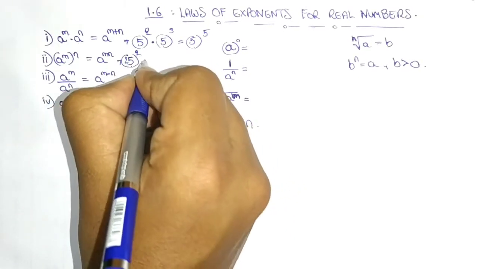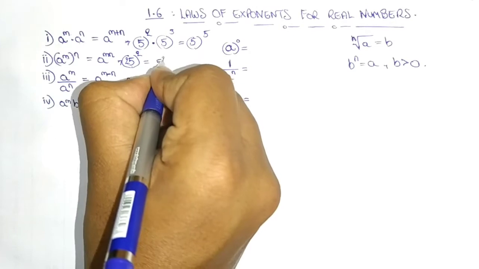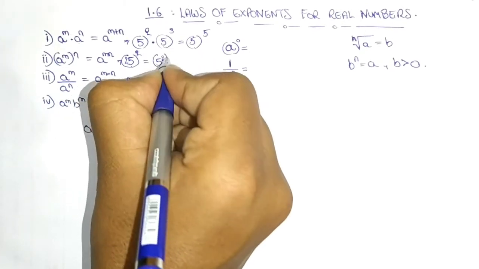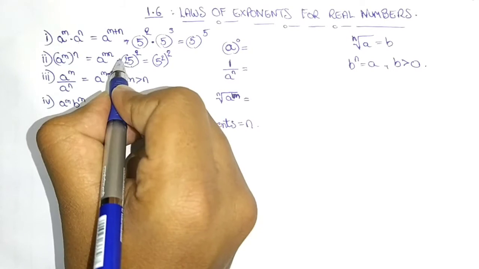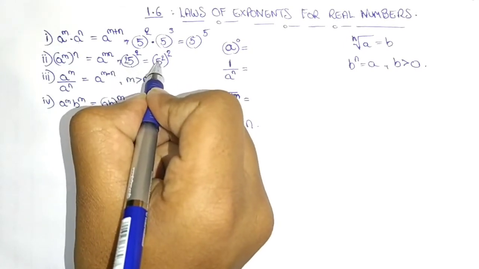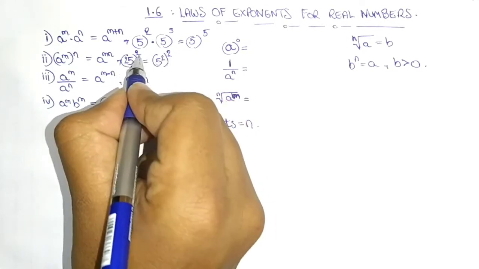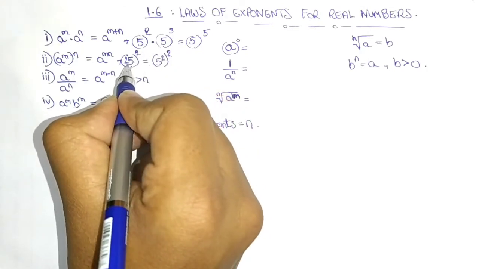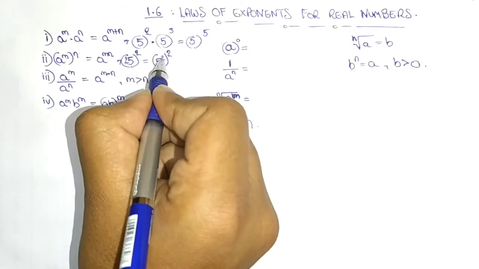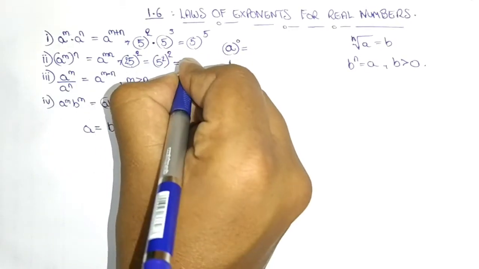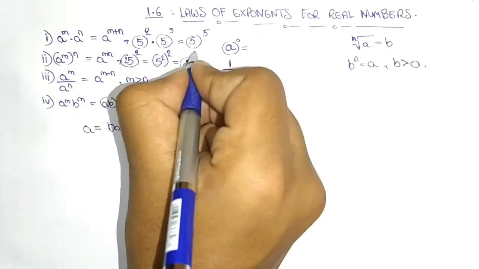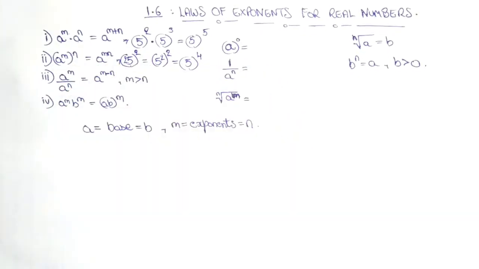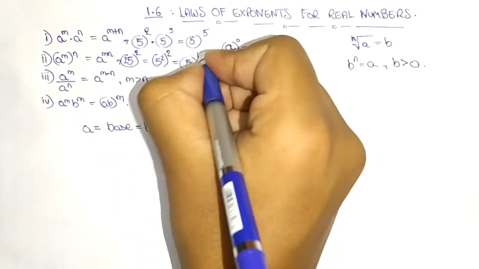We can write this as 5 square whole power square. I wrote 25 as 5 square, and this 2 is given here also. I wrote this 2 as it is, but I changed 25 to 5 square. Now the answer is going to be 5 power 2 into 2. How much? 4. This is what this law says. You are supposed to multiply the outer and inner exponents. This is the second law. This is the first law.